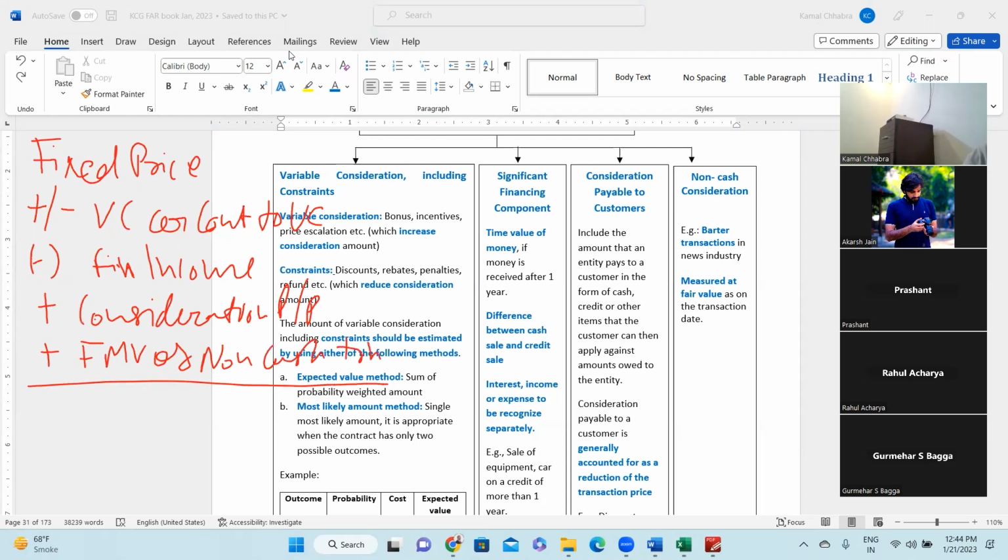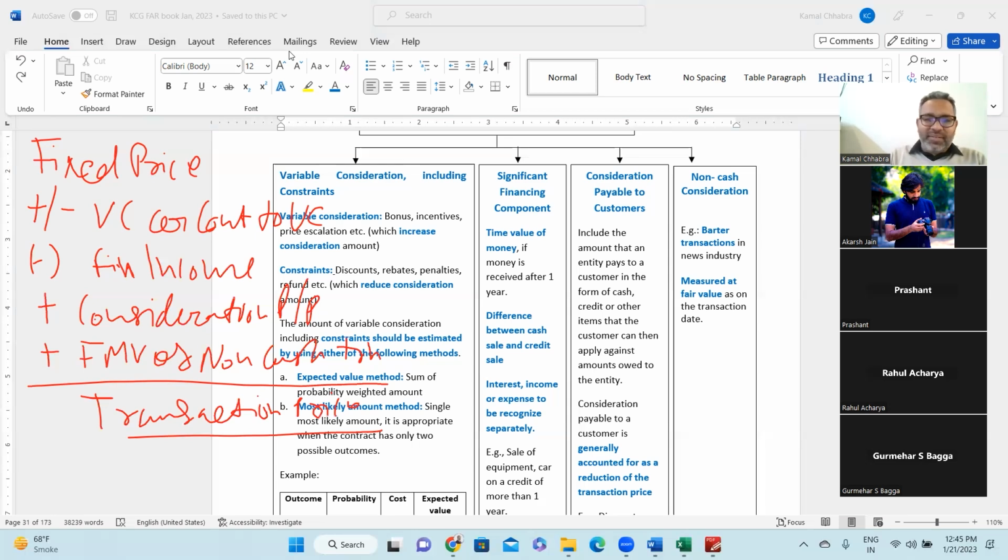So this is your transaction price. Make sense? What are the five components?